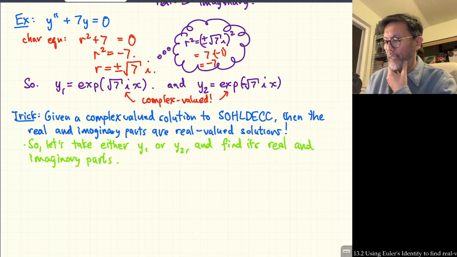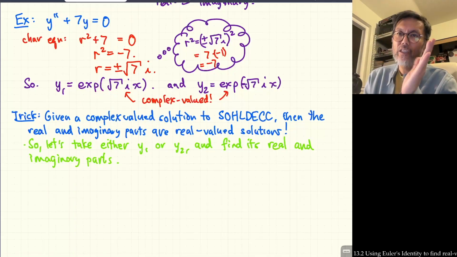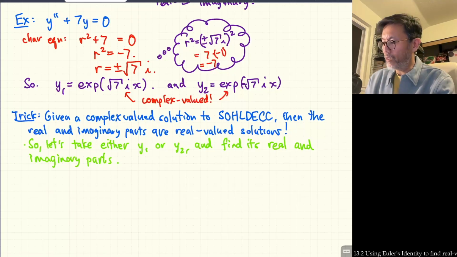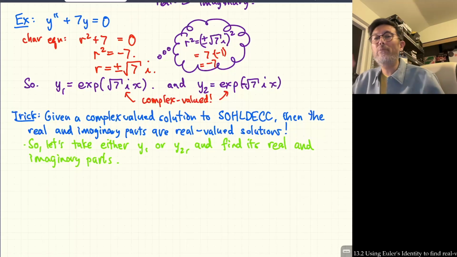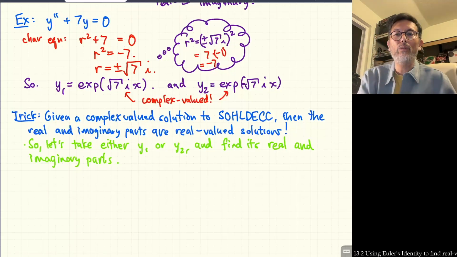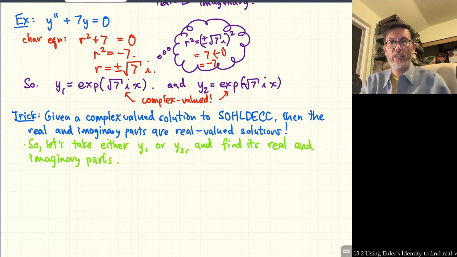Maybe I can try to explain it. If you're given some kind of complex valued solution, and I should say non-real complex valued solution, then the real and imaginary parts of that complex valued solution are themselves real valued solutions to the differential equation.